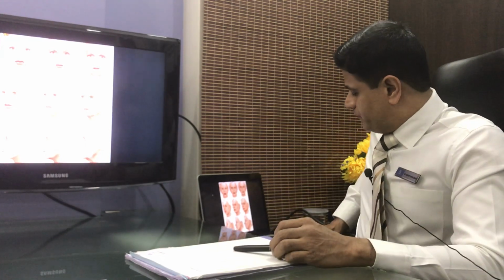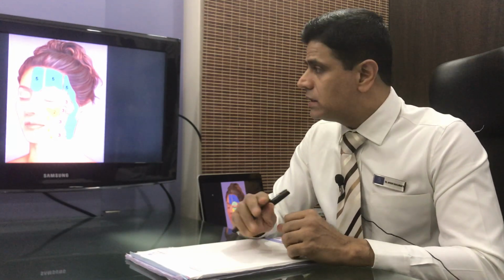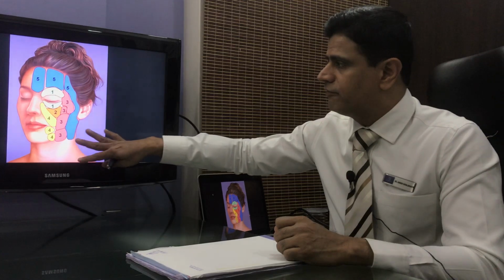Now, if you look at this picture here, this depicts the normal fat pockets of the face. So underneath the skin, there is a uniform layer of fat.